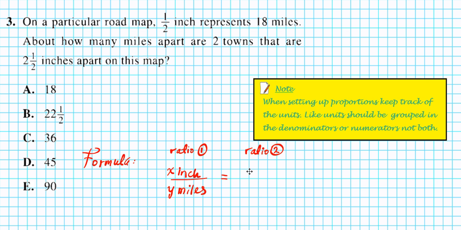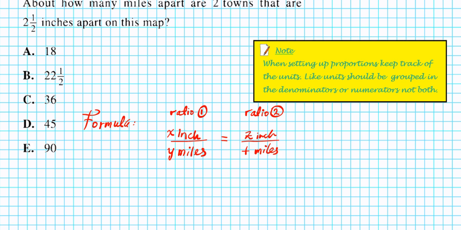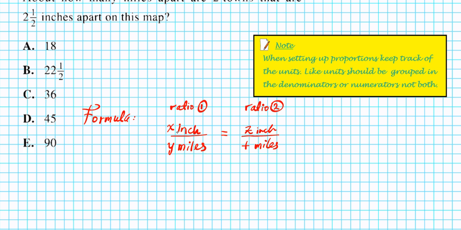Let's say z inches divided by t miles. All right, what am I trying to illustrate here? When you're setting up a proportion, you see how I set it up. The numerators have the same unit, inches, and the denominators have the same unit, miles. You can't have inches and miles and inches here. That's inaccurate. So you have to be consistent with your units.